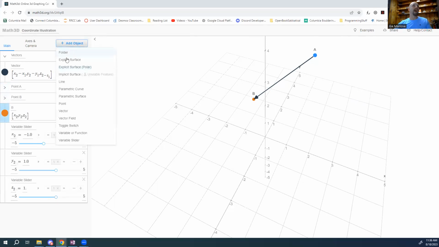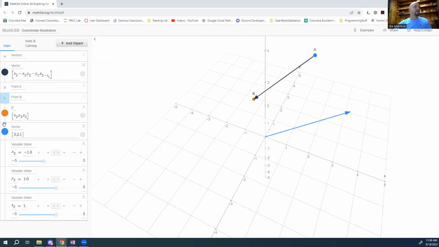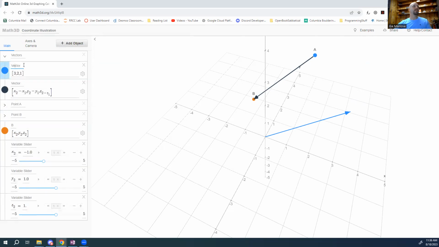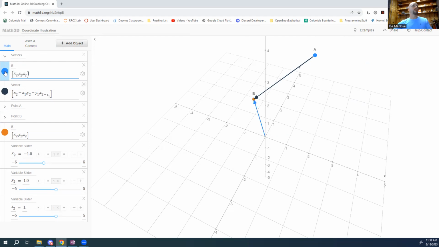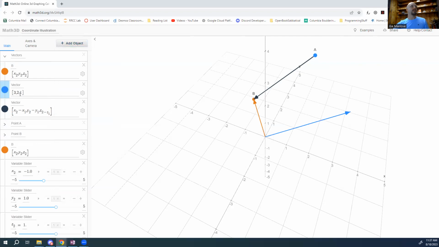I'm just going to add another vector. This vector is actually going to be the vector that points at the point B. And we'll make this guy orange. Okay, so there we've got a vector pointing at the point B. I want to add another vector.